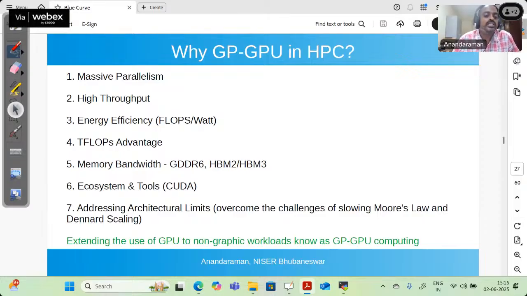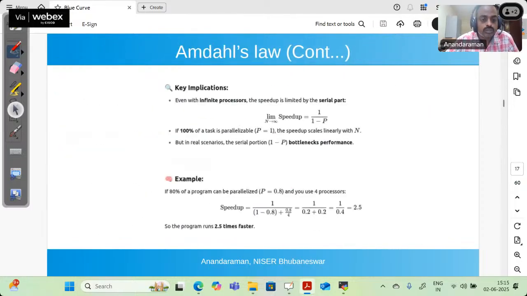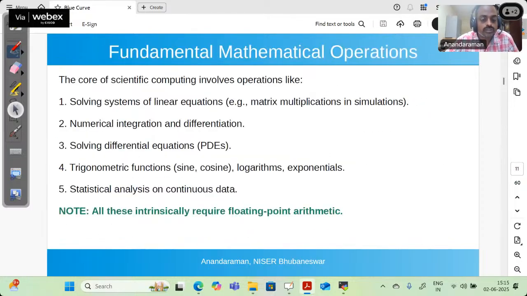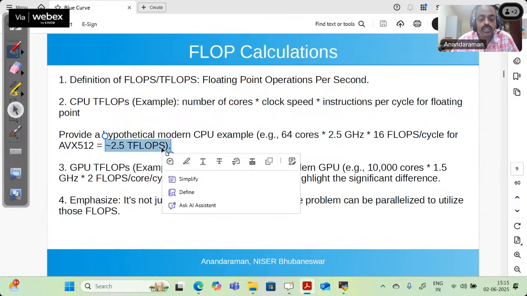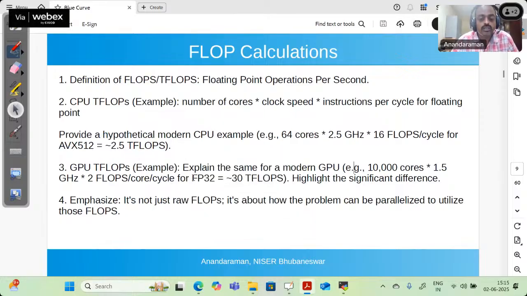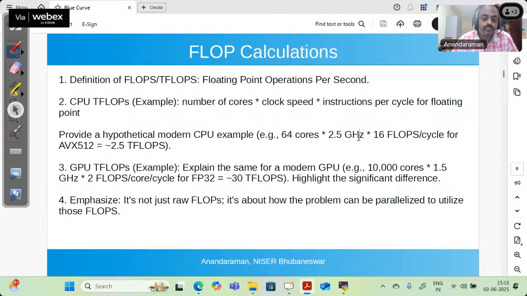It is also energy efficient, with more flops per watt in GPU, and we have a teraflop advantage. I already showed you the teraflop advantage. Here it is 2.5 teraflops, but with more cores, here it is 30 teraflops. Okay.